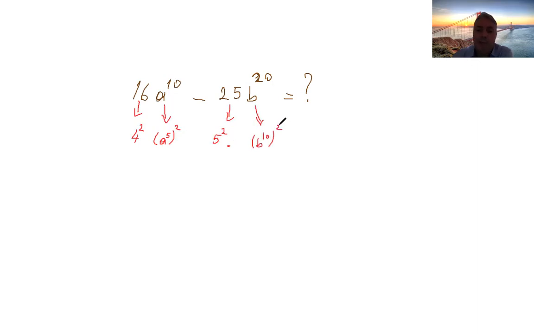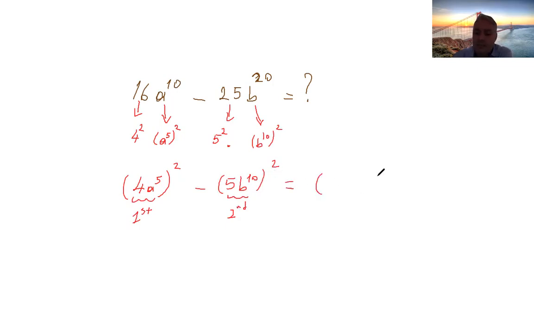My aim is to get power 2 everywhere. So these are now common exponents, different bases. Now, first number to the power of 2, second number to the power of 2. So what is the answer?